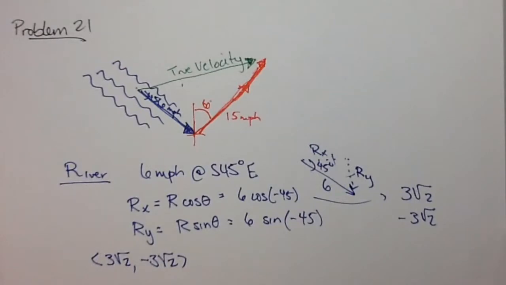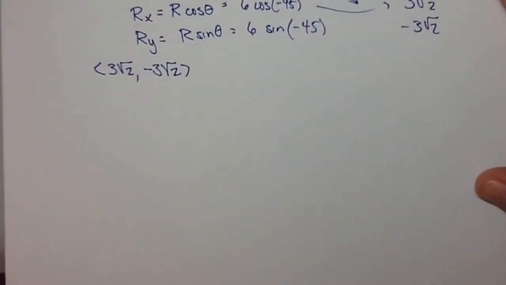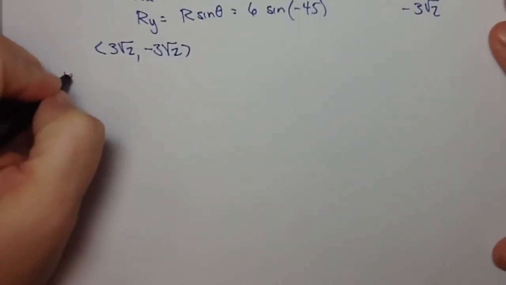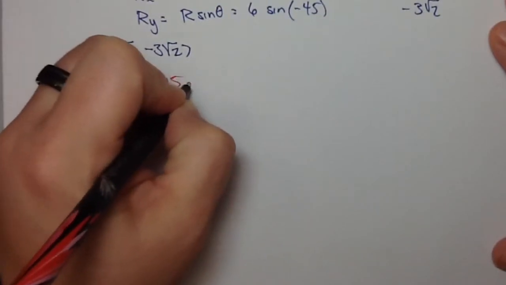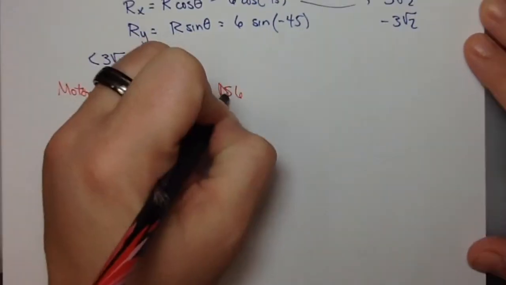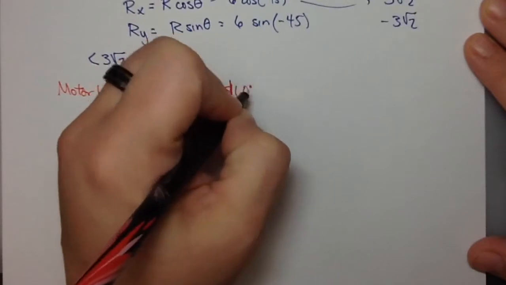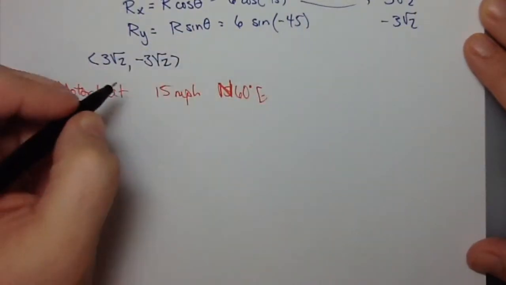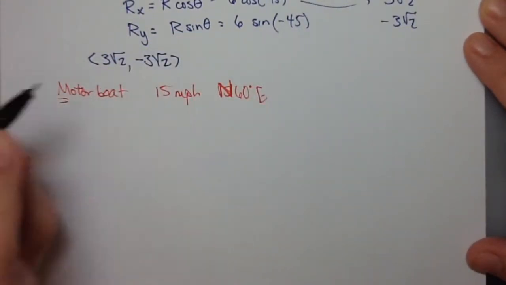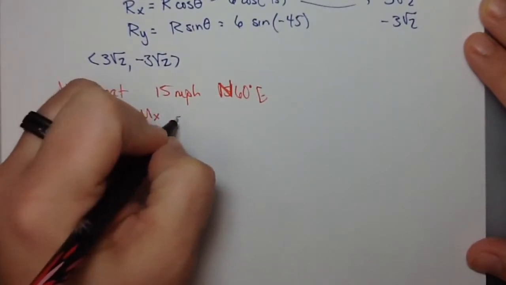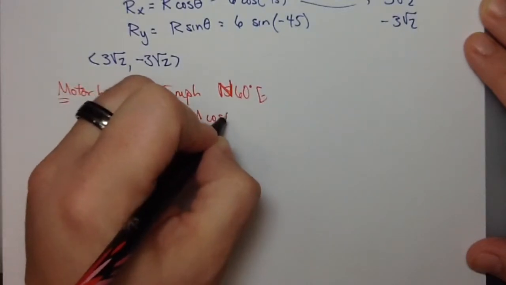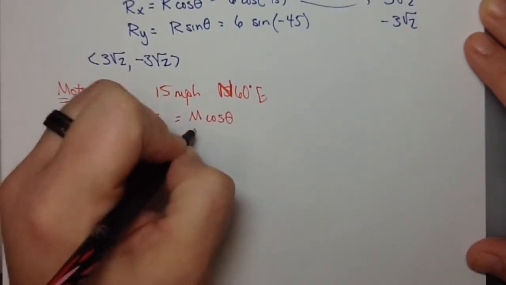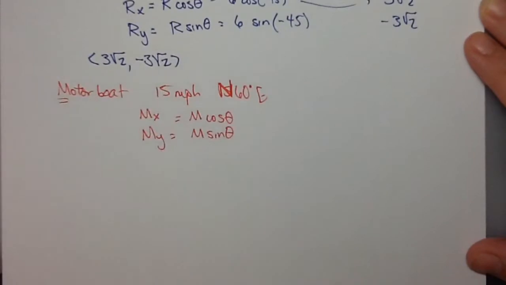Okay, great. Now we need to find the components for the motorboat. We know it's going 15 miles an hour at north, 60 degrees east. Again, we're going to call this M for the motorboat. Mx is going to be M cosine theta, and My is going to be M sine theta.